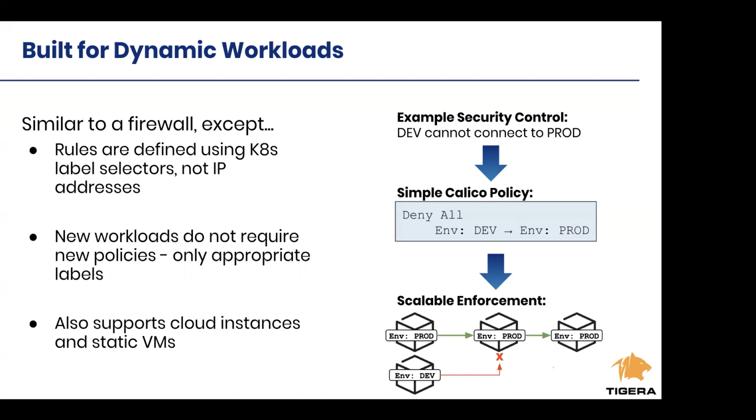Things like env equals dev, env equals prod, release stage equals canary, things like that. We can create our own label taxonomy that will allow us to restrict inbound and outbound access between different workloads inside of the cloud.